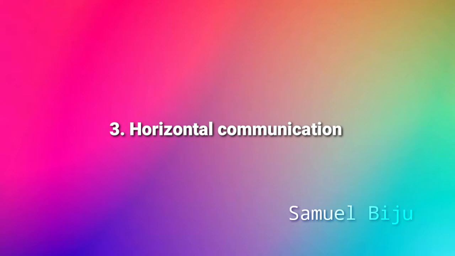It is very important for the smooth functioning of every organization as it promotes understanding and coordination between various departments. Bad situations can arise if there is a lack of proper horizontal communication. For example, the production and the marketing department must interact with each other because marketing tactics and production planning go hand in hand.